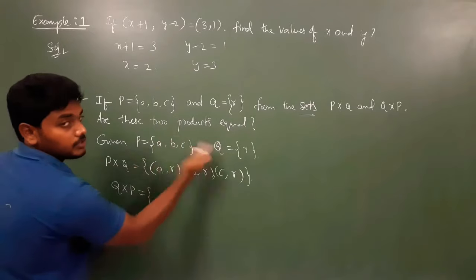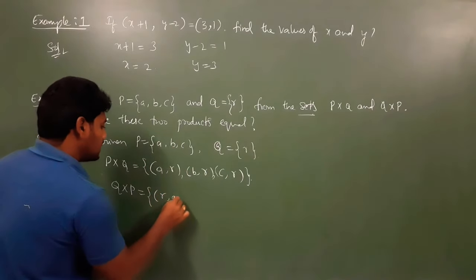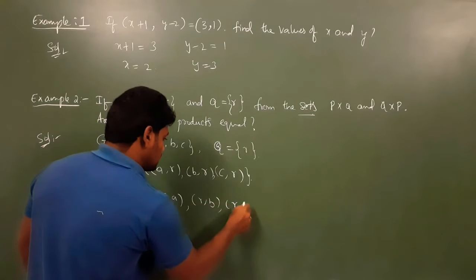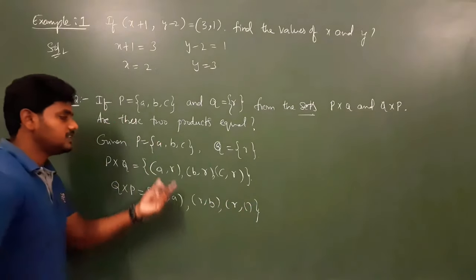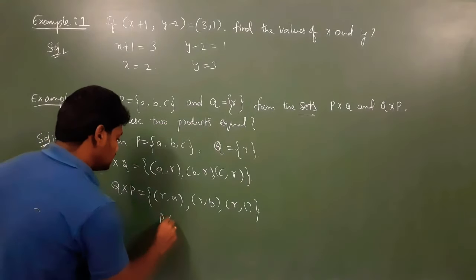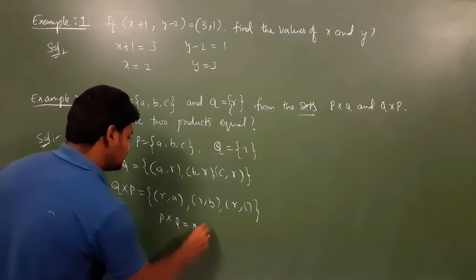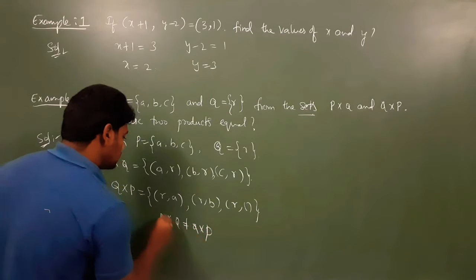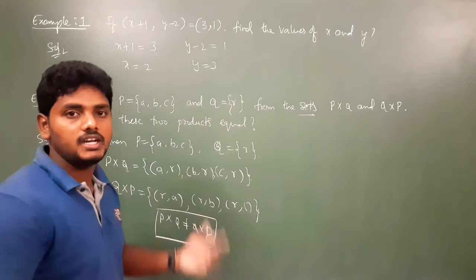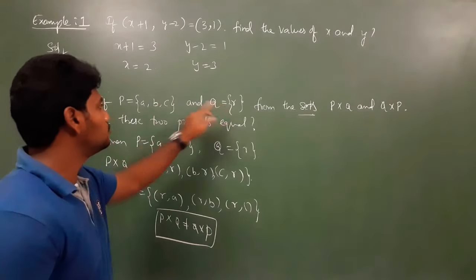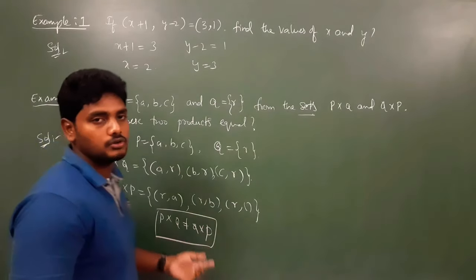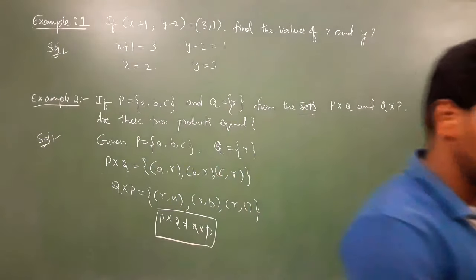Q cross P from this side, (R, A), next (R, B), (R, C). So by this we can easily tell these two products are not equal. P cross Q is not equal to Q cross P. As I said, these two are not equal in all cases. But when P is equal to Q, are these two equal? Yes. Pause the video and note it down.